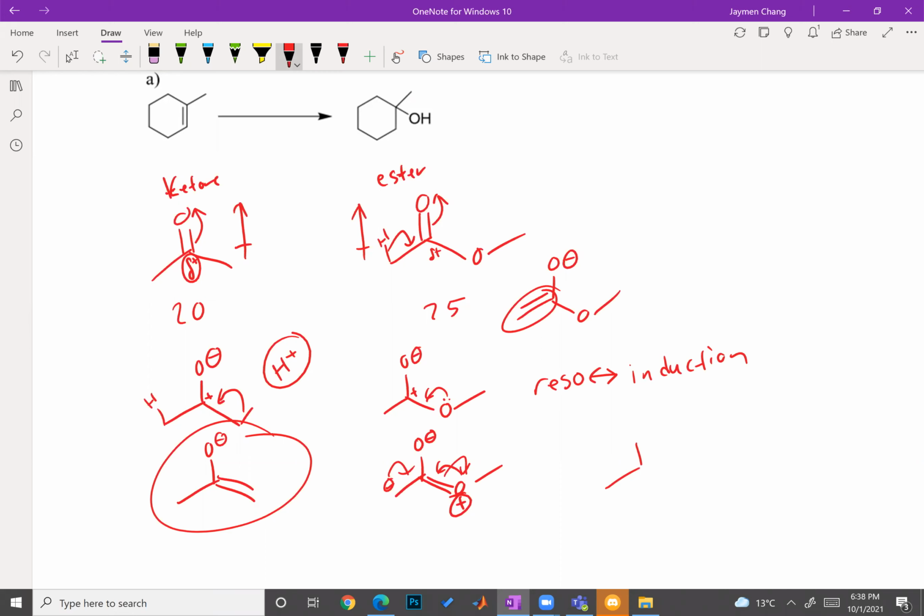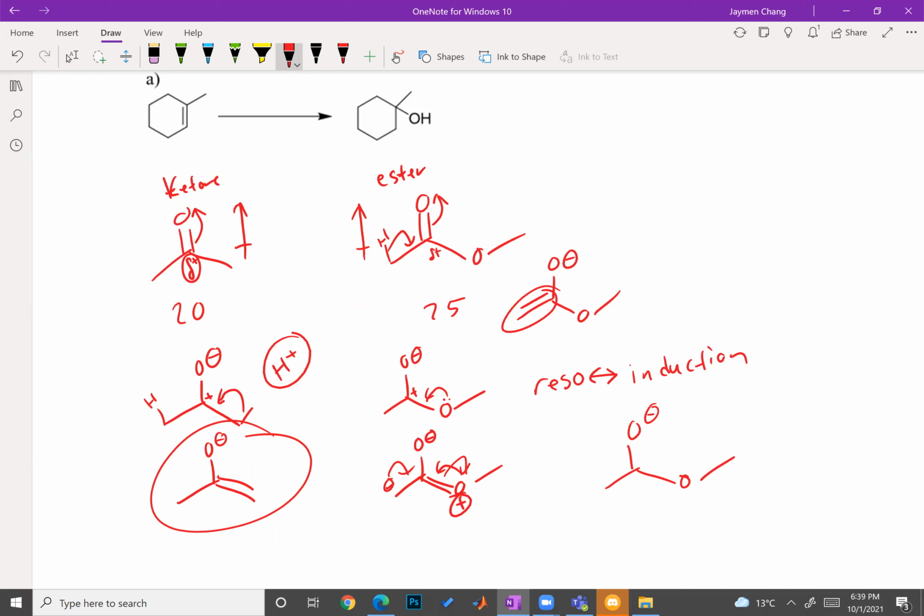So if we have something that looks like this, now the argument would be a bit different, right? So we would say, okay, now the induction is going to be stabilizing the negative charge a bit more. Sorry, withdrawing away the negative charge. But then because it's adjacent, we have to consider both arguments. So yeah, it is a bit of a weird answer.